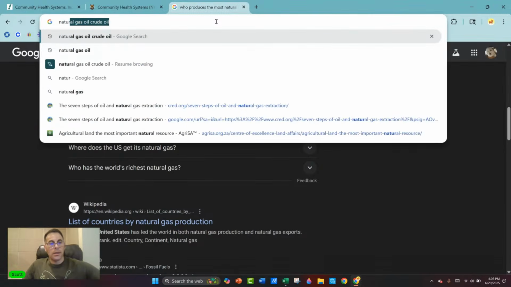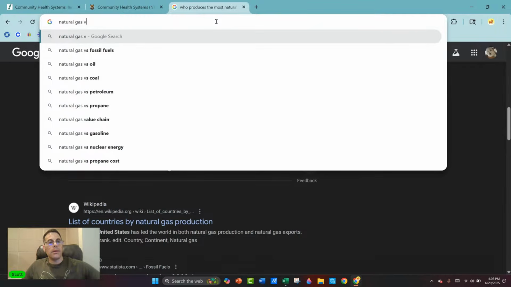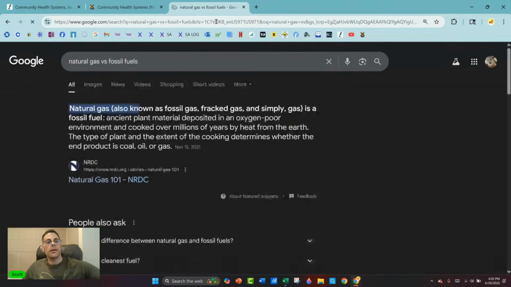Natural gas versus. So natural gas is fracked gas. It's the same as regular gas, except we use fracking.